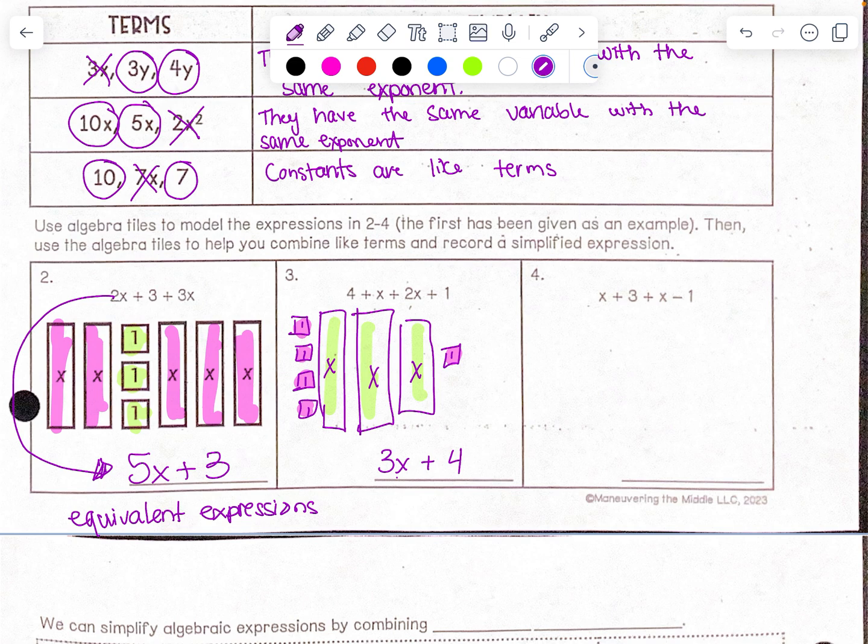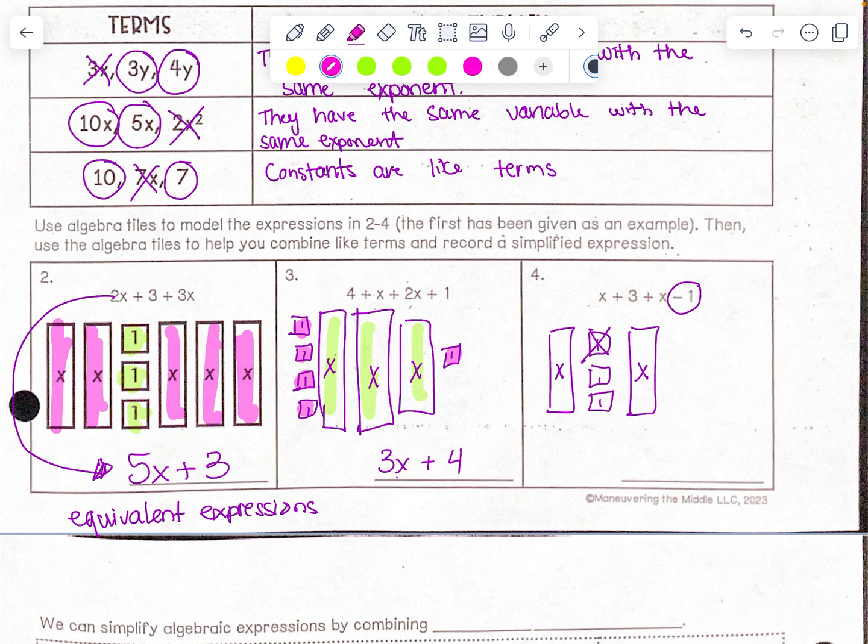And then our last one, we're going to model here with an x plus 3, 1-unit cubes, an x. And then I have to pay close attention because I have a minus 1, so I'm actually taking 1 away there. So you have to watch out for the signs.